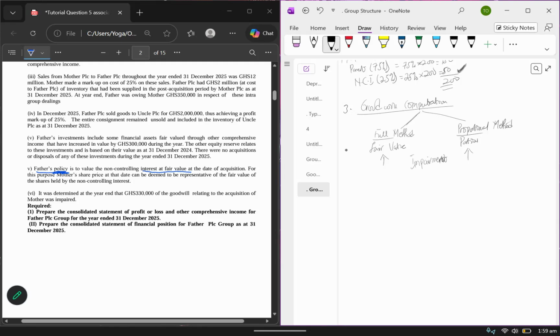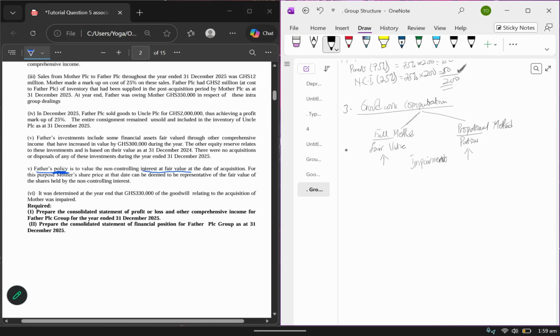So you see that when you are computing goodwill, you come and less impairment, if there is any, from the goodwill at acquisition to get goodwill at reporting. And then when you go to the computation of NCI, you less impairment from there. And then when you go to the group retained earnings, you less the parents' portion of impairments from there as well.